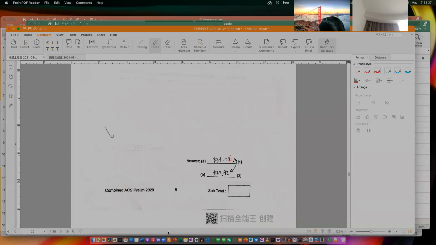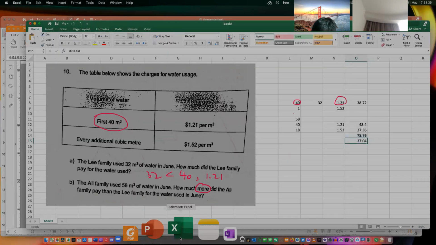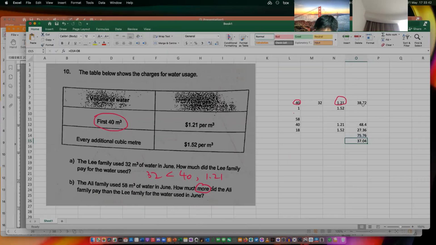Let me double check. Your first answer is correct, 38.72. But the second part should be 75.76 minus 38.72. So this part of your answer is incorrect.